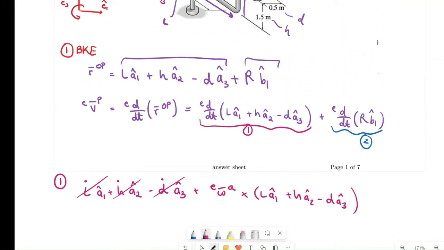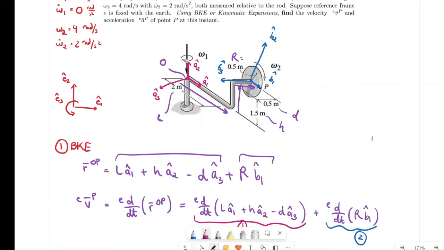What's the angular velocity of the A frame with respect to the E frame? Well, the A frame is fixed in the rod, and the rod is rotating around here like this. So we can do the right hand rule. If we take our right hand, curl it in the direction of the rotation, which is around this axis here, you can verify that your thumb should be pointing down.